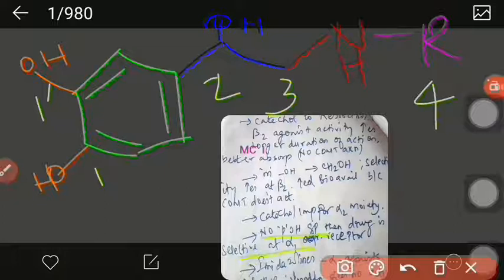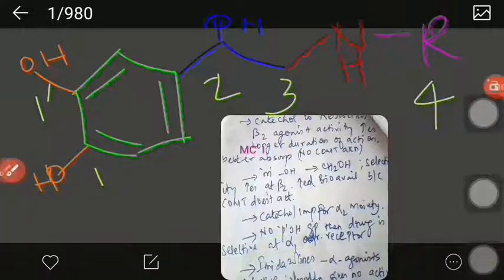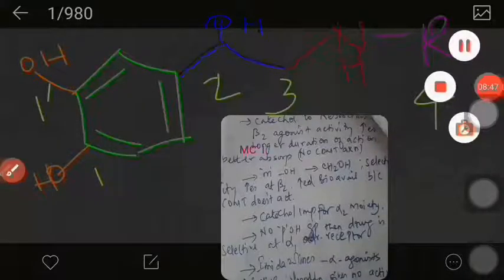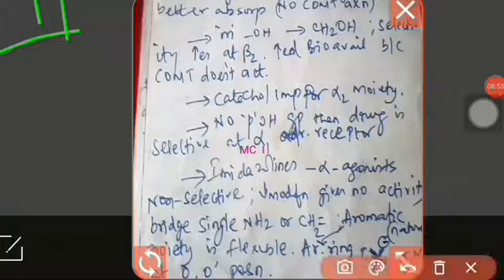That means if the hydroxyl group is removed from this position, then they will have alpha activity. So till now we have seen the catechol position with adjacent OH, the OH converted to CH2OH, and what happens if there is no para-hydroxyl group.